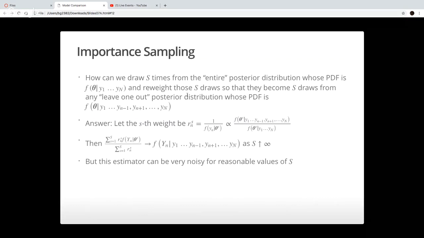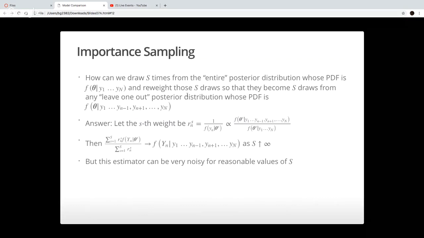And it turns out that is readily possible using what's known as importance sampling. So we can get from just estimating the posterior distribution once, n ways of reweighting to get n posterior distributions that would leave out one observation. And the weights used to obtain that involve the likelihood function for each observation evaluated over the entire posterior distribution.